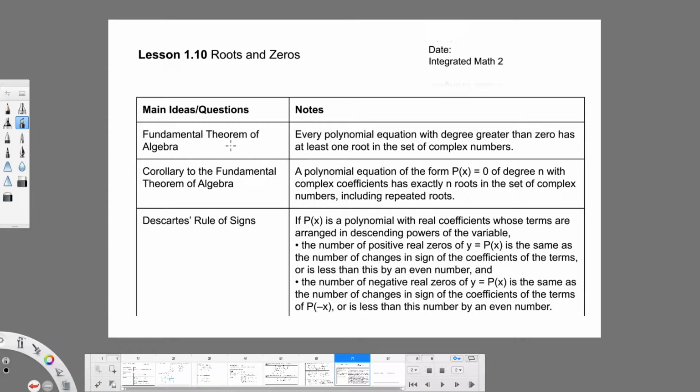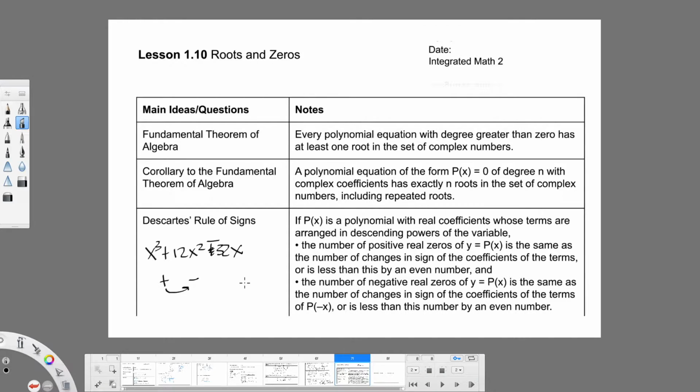So this is a way of counting the changes. If I have something like this, and I'm just grabbing the problem from the bottom of your page, I'm going to ignore the numbers and go plus, plus. So from here to here, there's no change. But if it were different, and instead of a positive there I had a negative, plus, minus, okay, there's a change here. So that's what it's talking about, the number of changes in sign of the coefficients of terms, or is less than this by an even number.